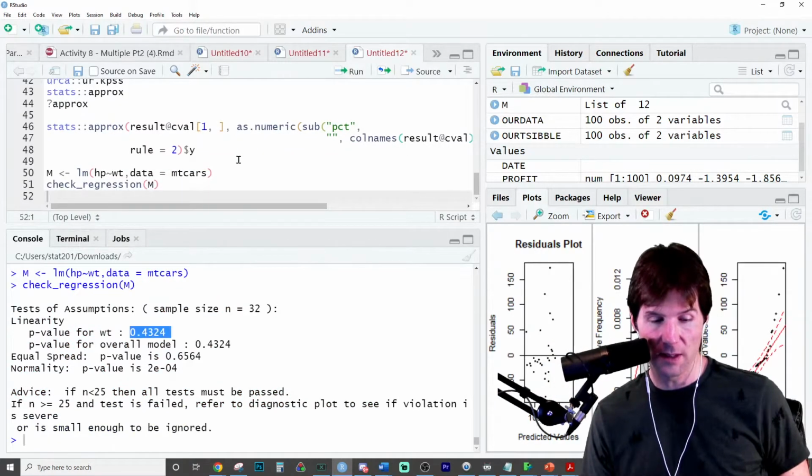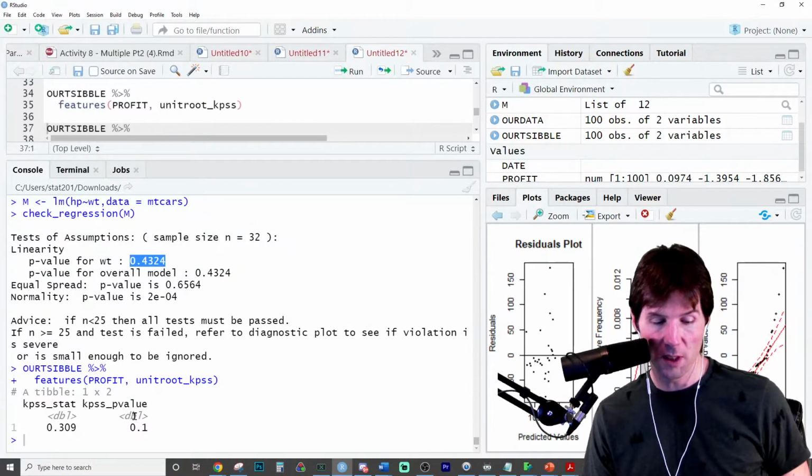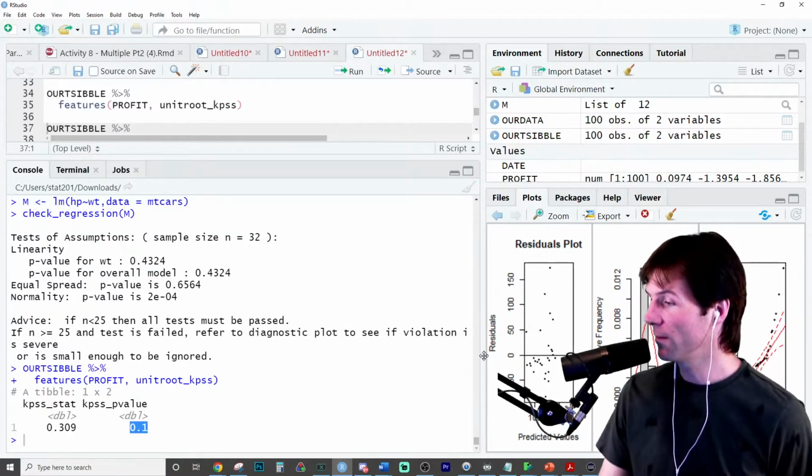Would this p-value that is high, like when we run this unit test right here, be good or bad?